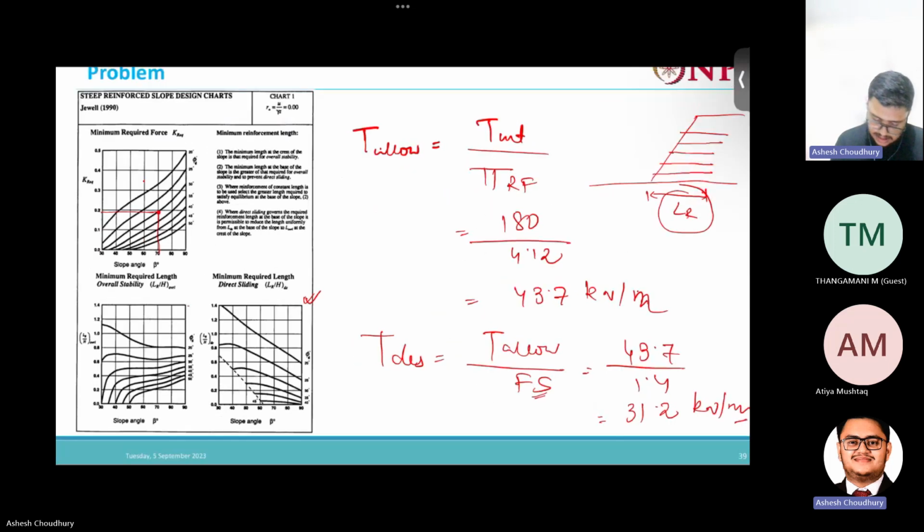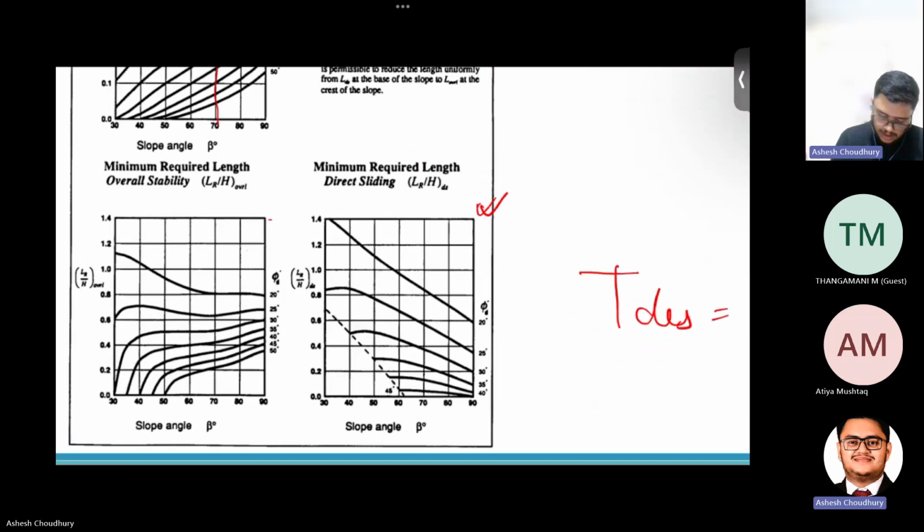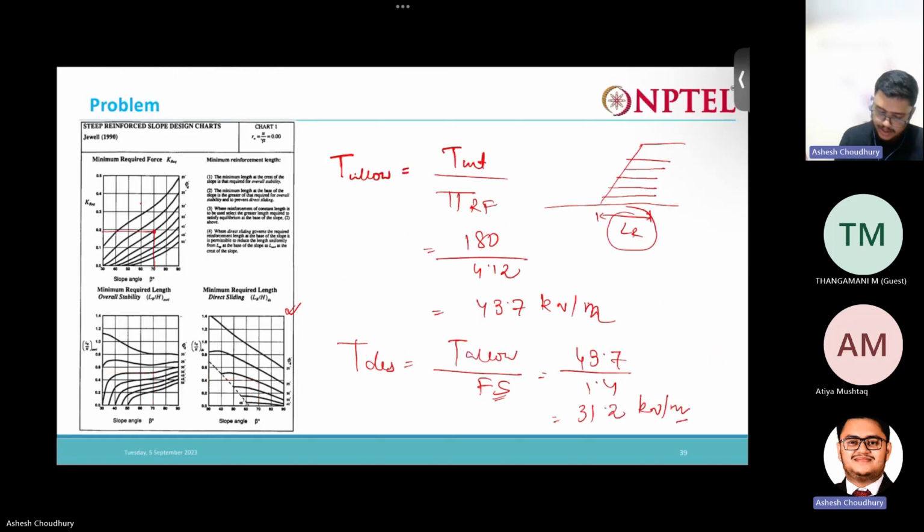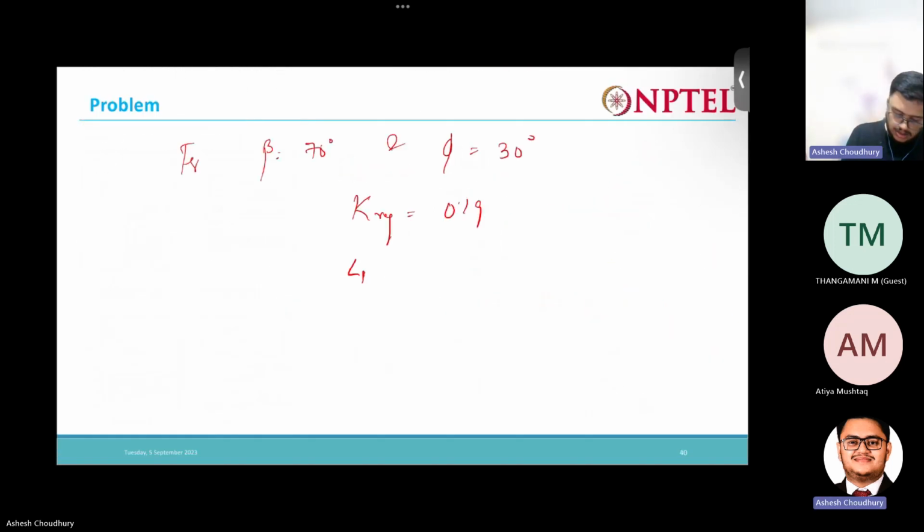Similarly, for the other things from here, LR by H overall and LR by H for direct sliding, DS, these two we can get. LR by H overall is 0.1. Direct sliding.